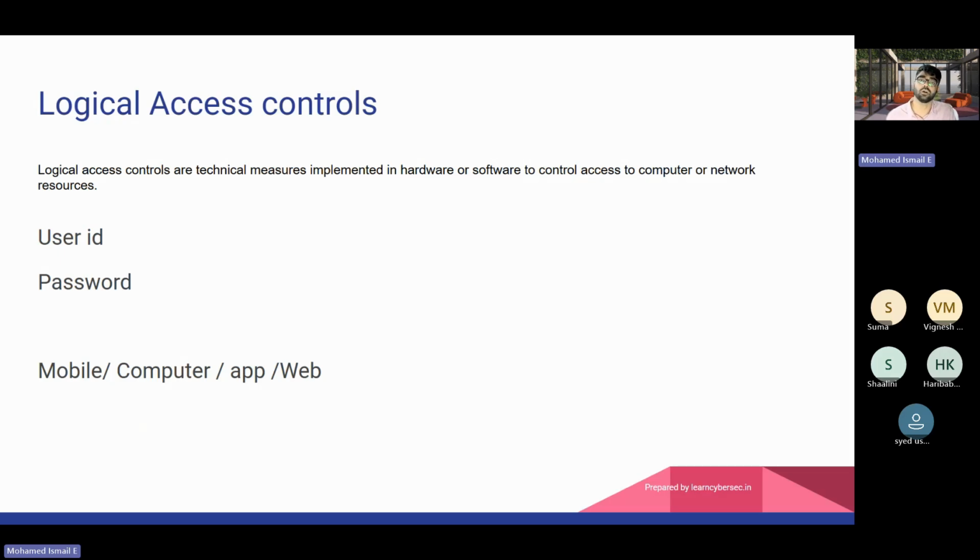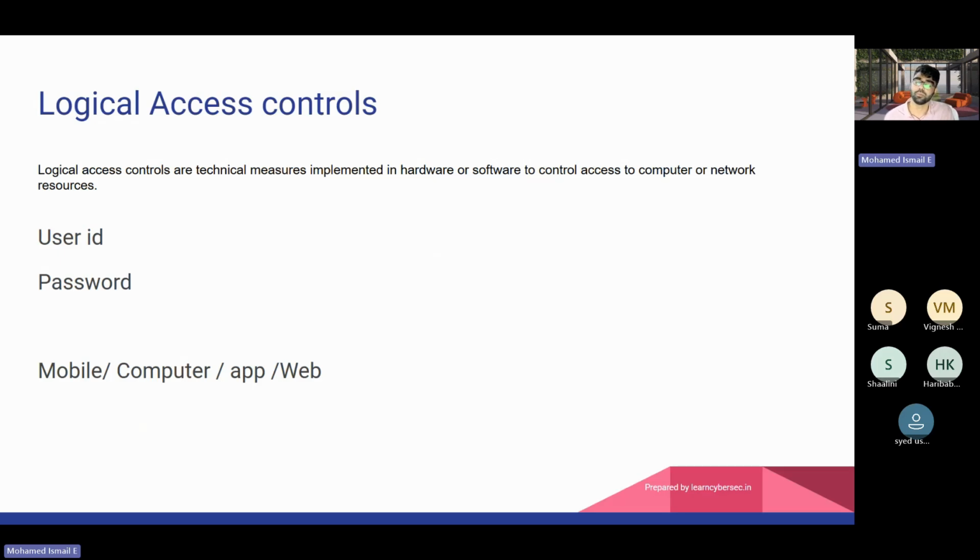Logical access control or technical access control, both are the same. Don't get confused. Logical access control is everything inside the application, software, firewall, router, switches, anything inside the computer. Anything outside the computer, could be a door, a security guard or entry gate, falls under physical access control.